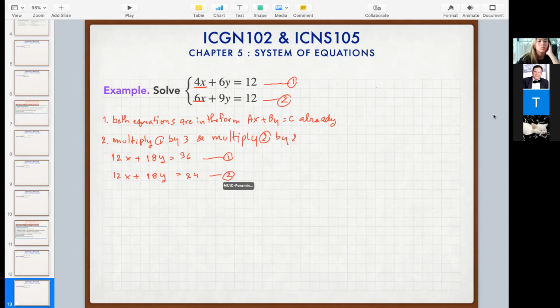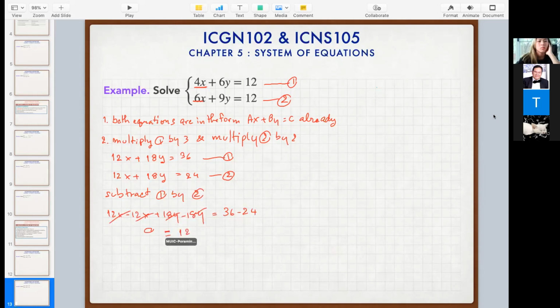So if I subtract equation 2 from equation 1, I get 0 equals, hang on, I better write everything fully. 12x minus 12x plus 18y minus 18y equals 36 minus 24. 0 equals 12.